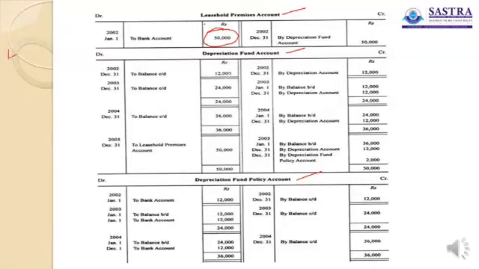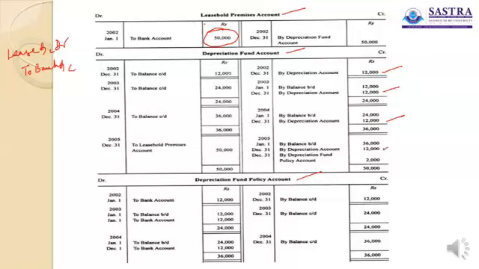Leasehold account, debit, to bank account. And at the end of every year, 31/12/2002, depreciation of rupees 12,000; 31/12/2003, depreciation 12,000; again 2004, 12,000; and again at the end of 2005, 12,000 rupees.